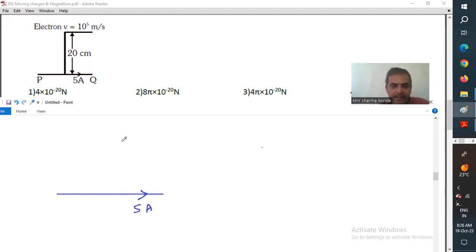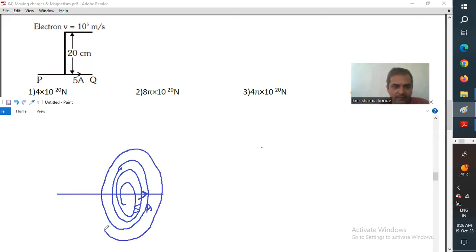According to Oersted's experiment and the Biot-Savart law principle, there will be a field around this. If current is moving along the x-axis, imagine in space, this particular plane is perpendicular to the direction of current. The magnetic lines of force form circles, and their plane will be perpendicular.